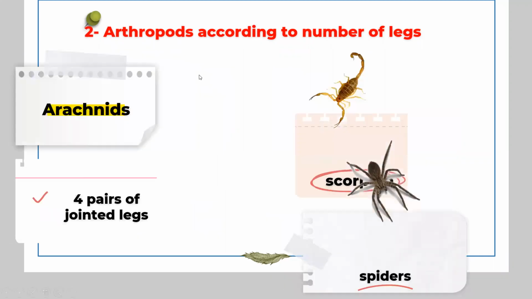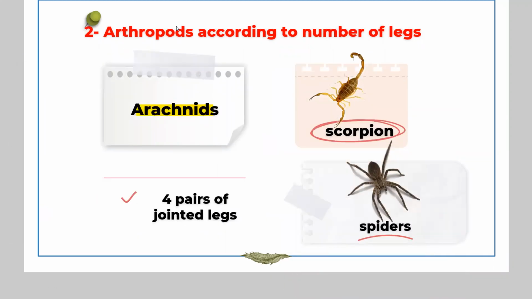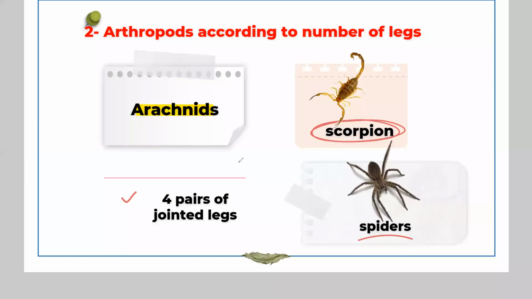So the next type. The second type of arthropods, according to the number of legs, is arachnids. Repeat after me. The first one, insects.